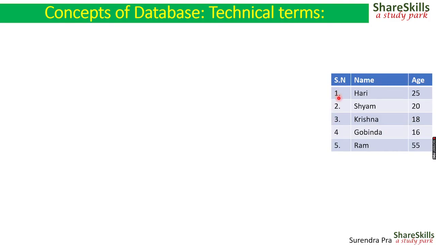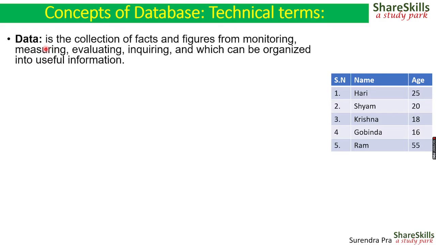Here we can find some numbers, text, and then some other numbers. So these are the different informations. When we collect or observe any types of informations, that is known as data. So here we can find first data.